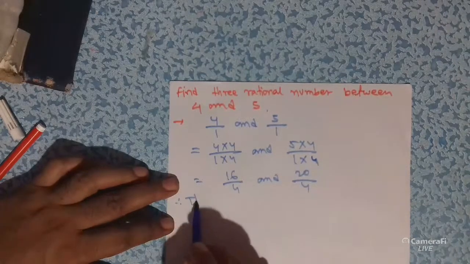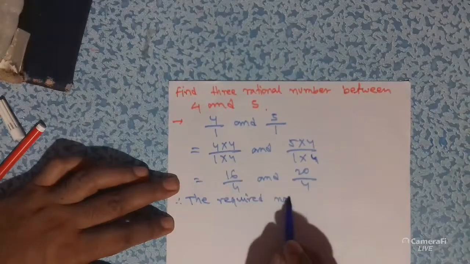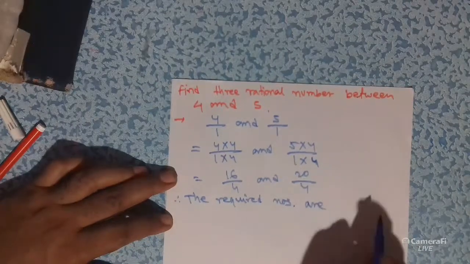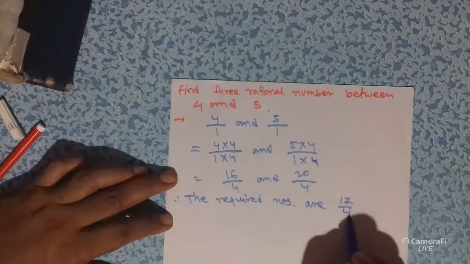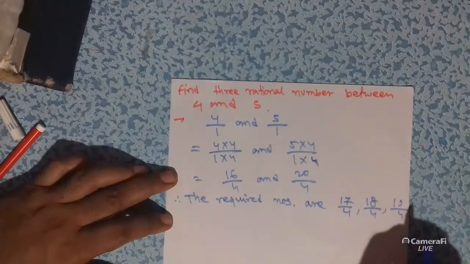Okay, so therefore the required numbers are 17 by 4, 18 by 4 and 19 by 4.